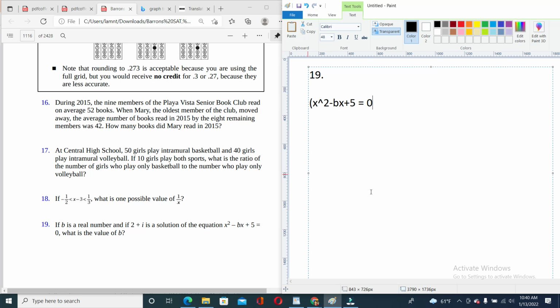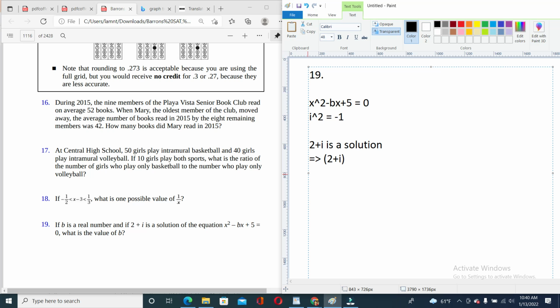So 2 plus i is a solution. We know that i is an imaginary unit, i squared is negative 1, and we can plug it in. Because 2 plus i is a solution, we just plug 2 plus i into the equation.